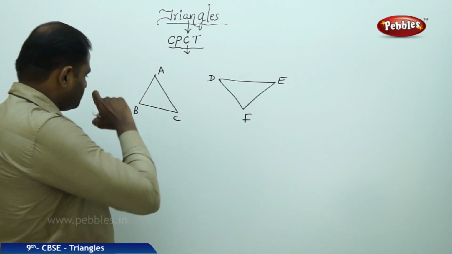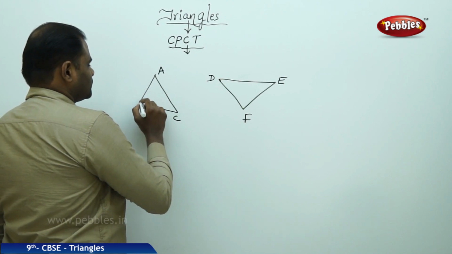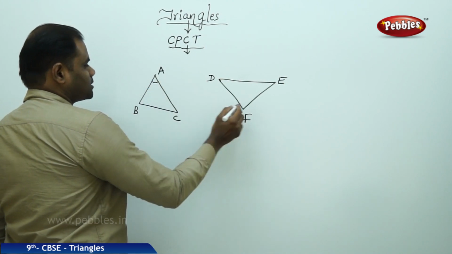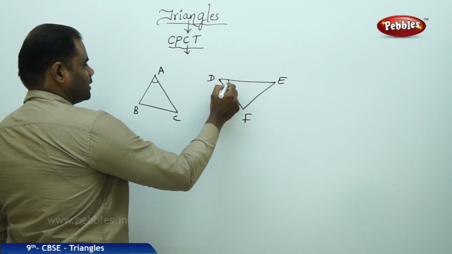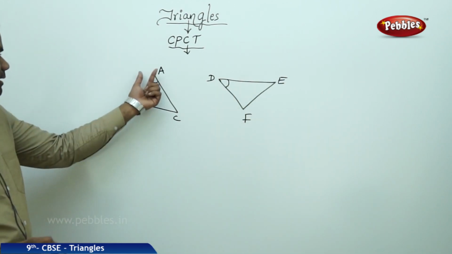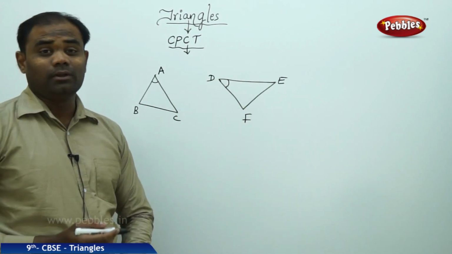Then let me say this angle corresponds to this angle here. Say my angle A corresponds to angle D. That means both the angles are equal.